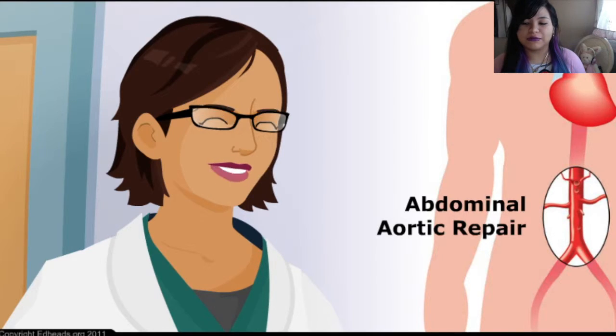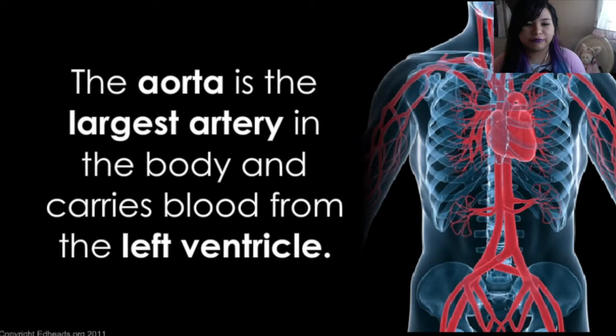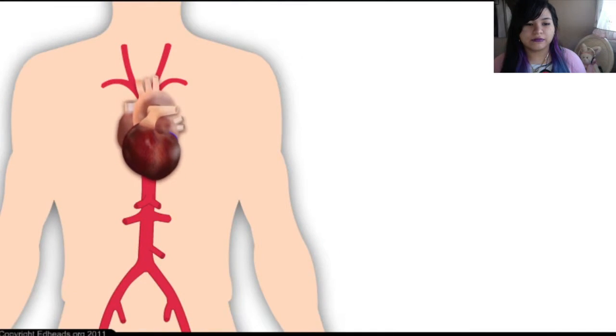Let's do a quick review to make sure you are up to speed, and then we'll look at his test results. The aorta is the largest artery in the body and carries blood from the left ventricle. Remember, the left ventricle is the primary pumping chamber of the heart, forcing blood into the aorta and then to the rest of the body. There are 4 distinct sections of the aorta.